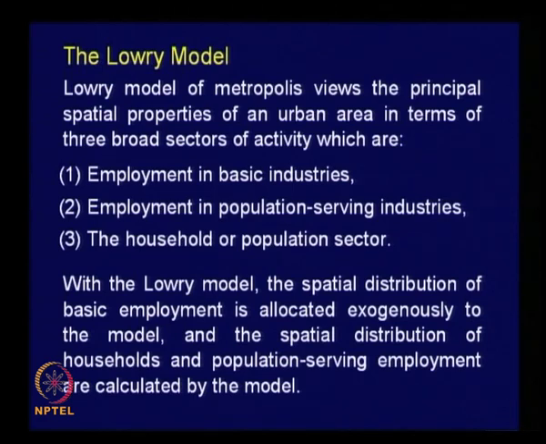All activity centers whose market interest spreads beyond the urban area or basic employment activity centers, is not it? These activity centers are not located with the use of or with the application of Lowry's model. It is already prefixed before you apply Lowry's model.